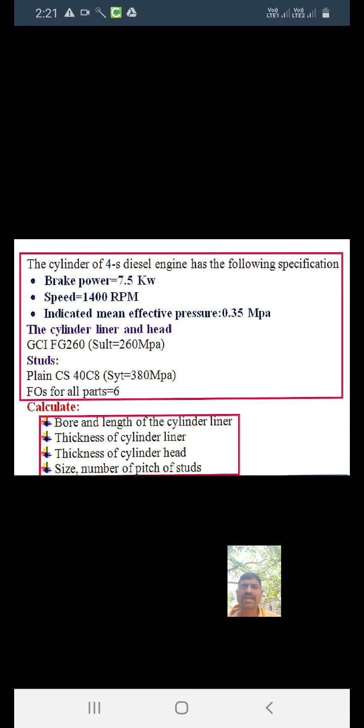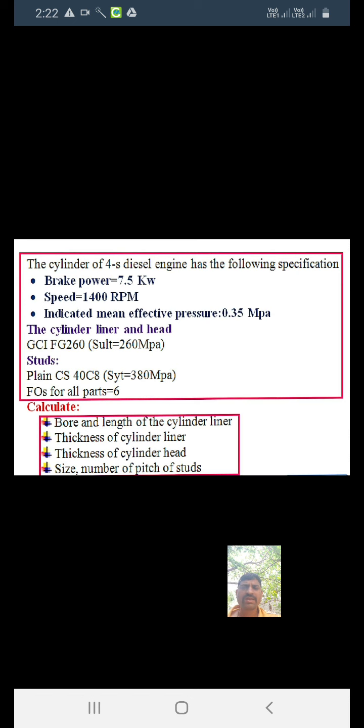For the cylinder liners and head, the material is GCI FG 260, which means the SUT is 260 MPa. The stud is plain carbon steel 40C8, with SYT value 380 MPa. The factor of safety for all parts is given as 6. Calculate the bore and length of the cylinder liner.